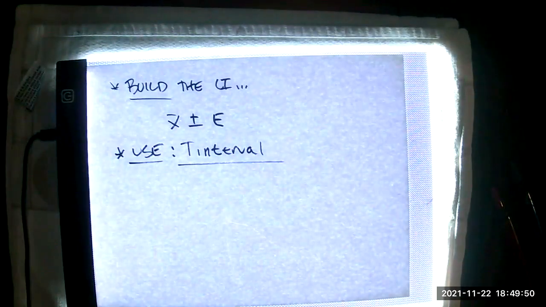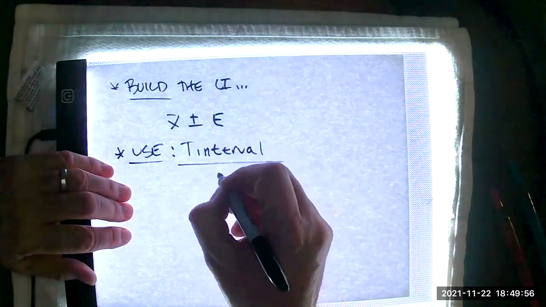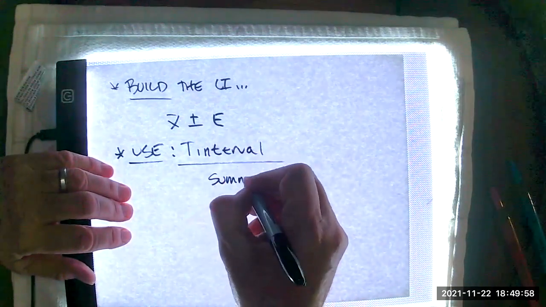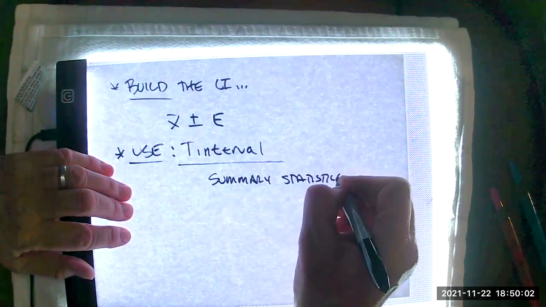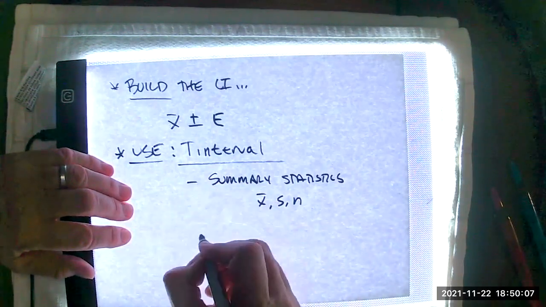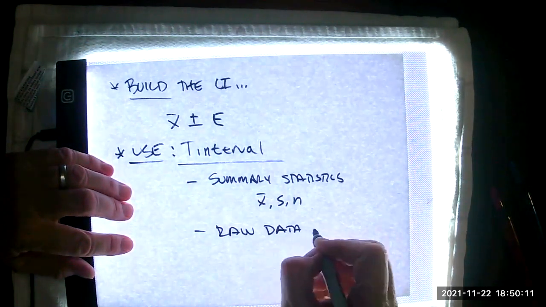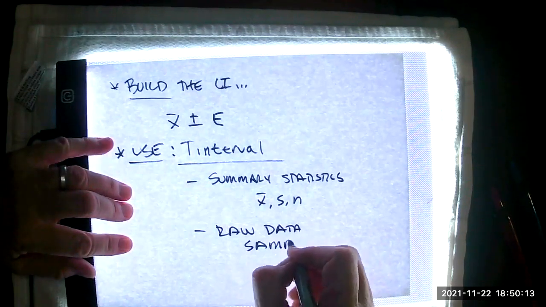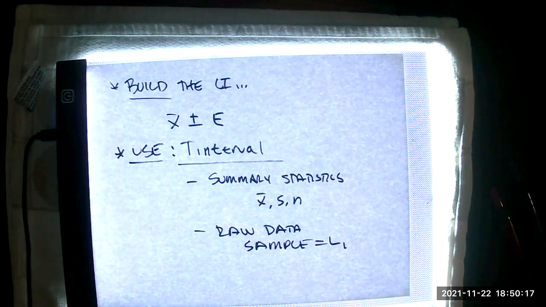Now, the one little twist here in this particular section is the T interval tool can be used with summary statistics. That's the x bar, the s, and the n, or raw data. That's where you'll have your sample in list 1, and you direct your tool to list 1.